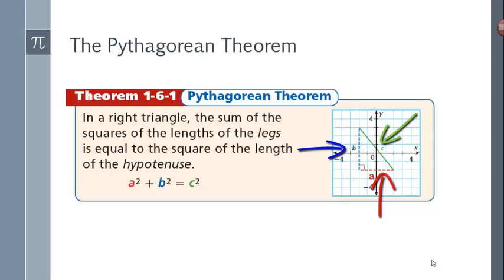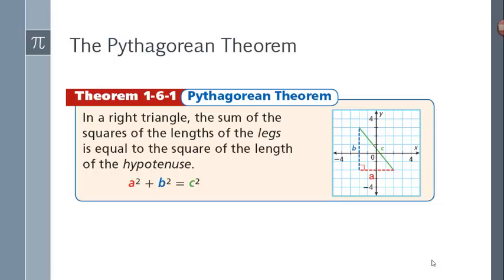So if we take a look at this diagram, a squared plus b squared equals c squared. Much later in this course, we'll go into more depth on the Pythagorean theorem, understand why it is the way it is, and look at some proofs. But for now, we'll just be utilizing this formula to solve some problems.